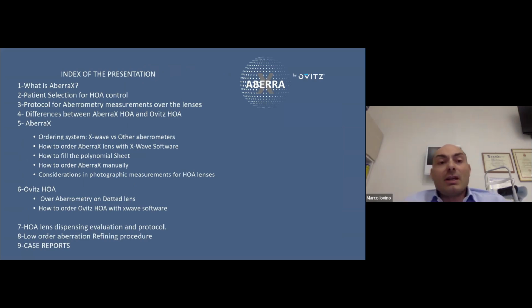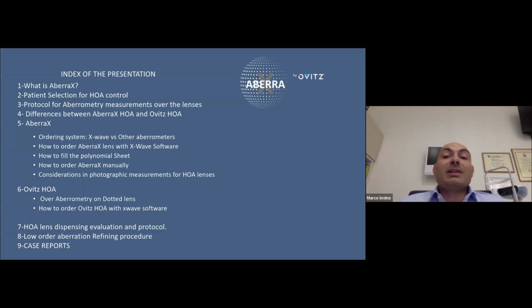Today's presentation will be done on this index. We will talk about what Aberrometry is. We will talk about the right patient selection for HOE control Aberrometry. The protocol for aberrometry measurement over the lens.